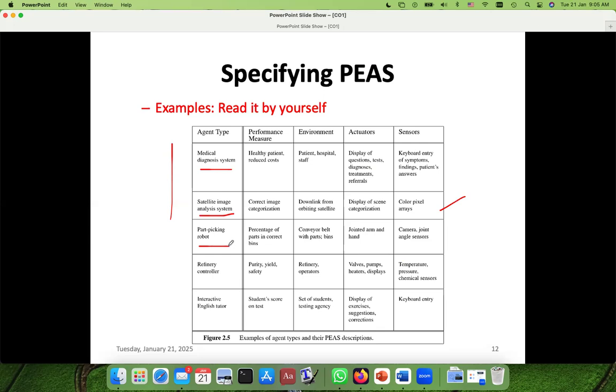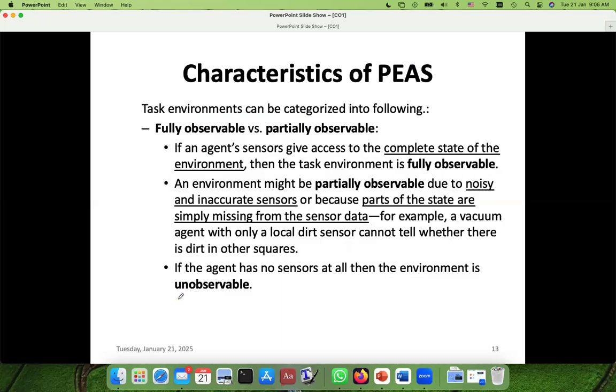Part picking robot, a robot which is working on an assembly line on a belt, and it is picking the faulty parts on the assembly. And the P's is written there. Refinery controller, interactive English controller. So read it by yourself. This is not something difficult. Okay.